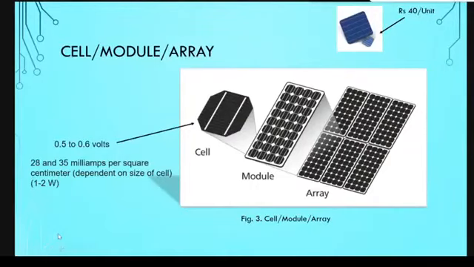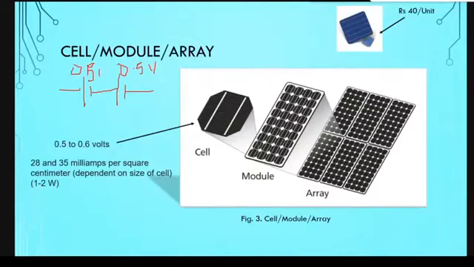If you connect two cells in series, and let us assume one cell has a rating of 0.5 volt and another cell is also 0.5 volt, then the effective EMF of this combination will be 1 volt. So by connecting cells in series, you can enhance the voltage level of the system.